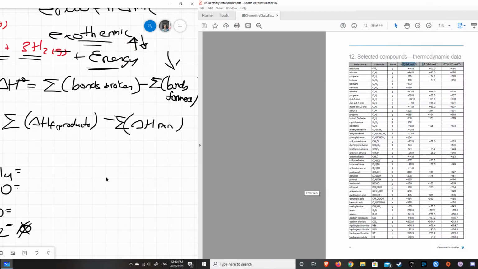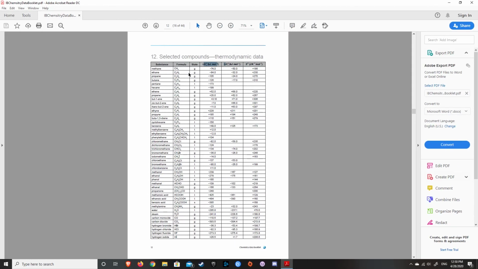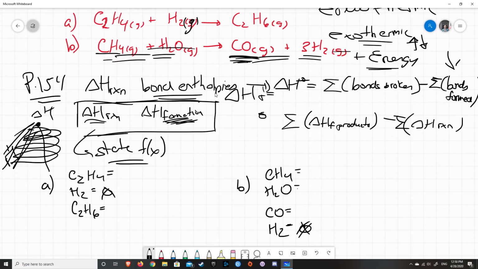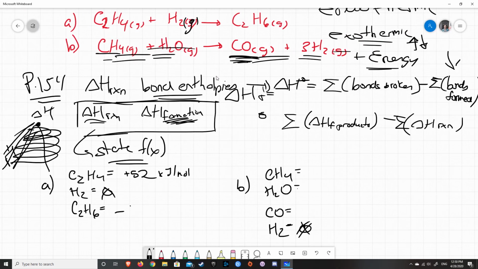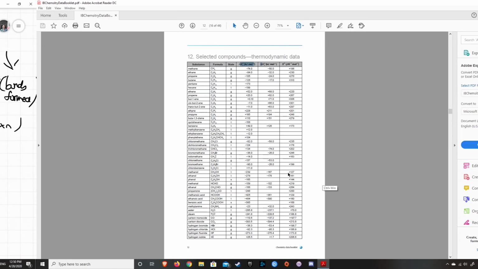But C2H4, let's look at that. Ethene right here is plus 52 kilojoules per mole. And C2H6 is minus 84 kilojoules per mole. Then let's look at methane while we're at it.